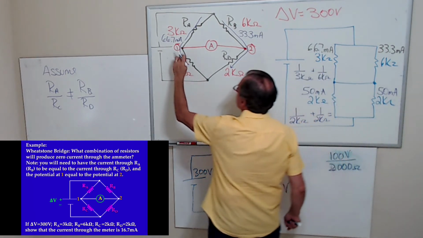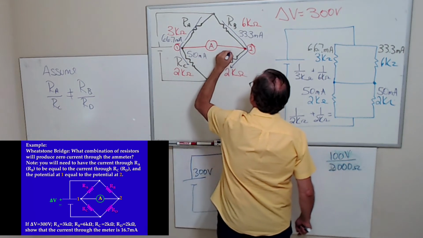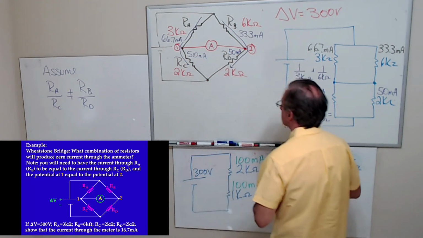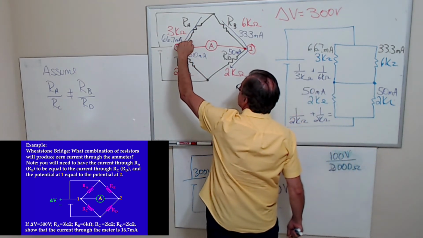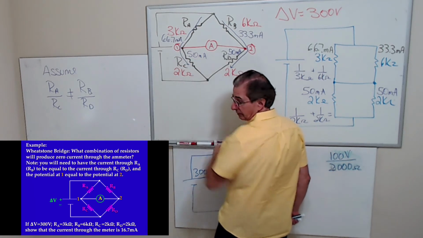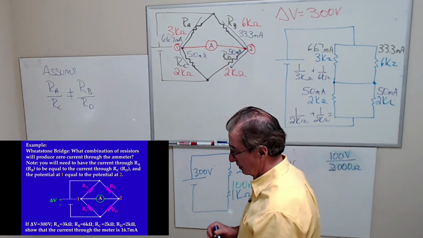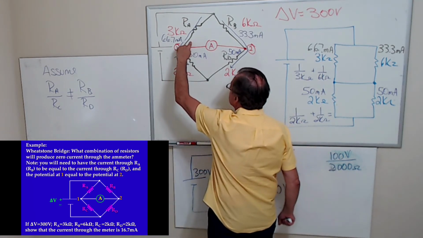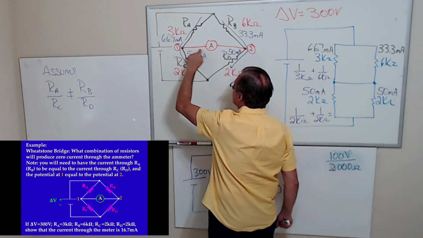So I'm going to have 50 milliamps right past the junction. So I have 66 coming down here, 50 going here. Where's the rest going? I got to use the junction rule. If 66 go here, 50 is at the bottom, 16.7 have to go through here.